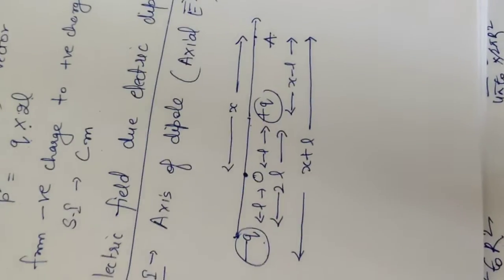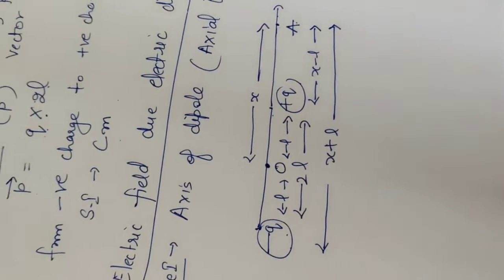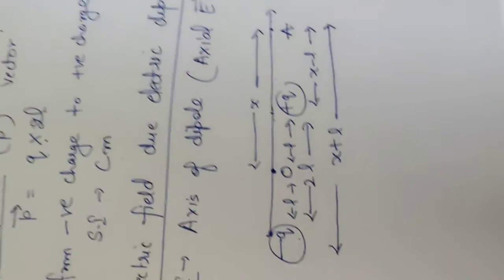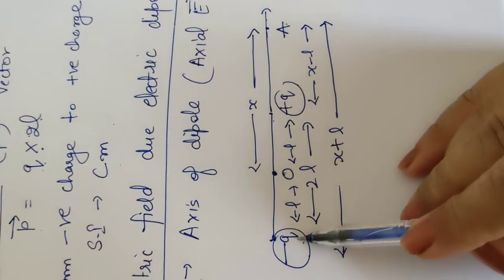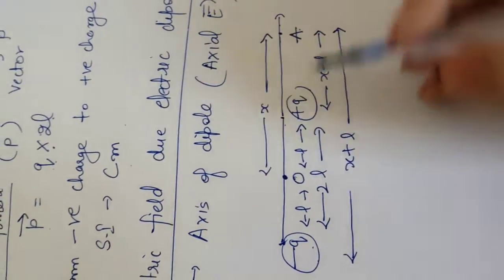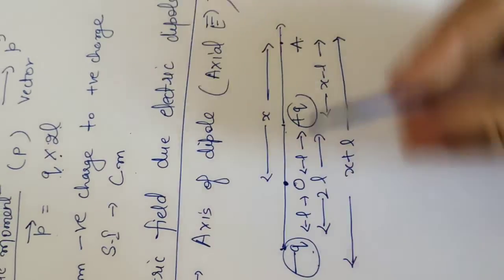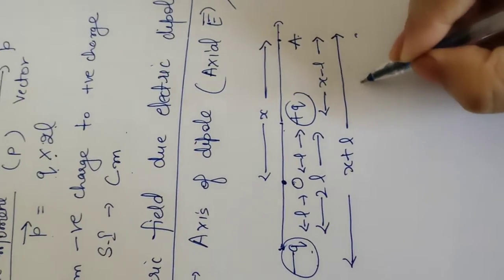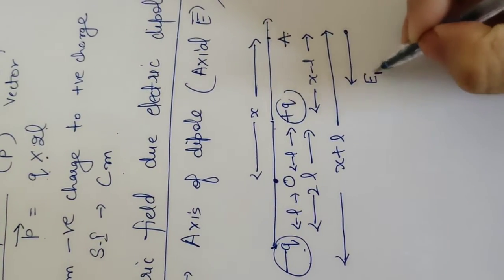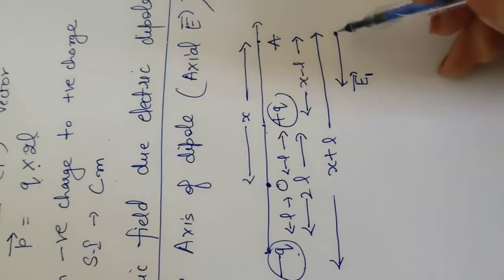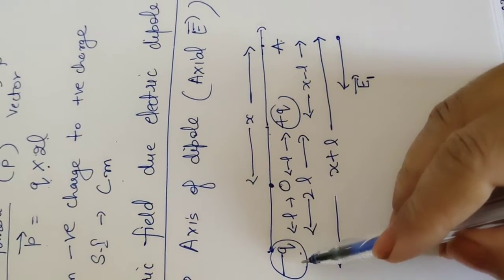Now we need to find the electric field at point A due to minus q and plus q. Firstly, if we start with our minus q charge, the electric field due to minus q charge will be directed towards minus q. So if we take this electric field intensity as E1, E1 will be directed towards minus q.